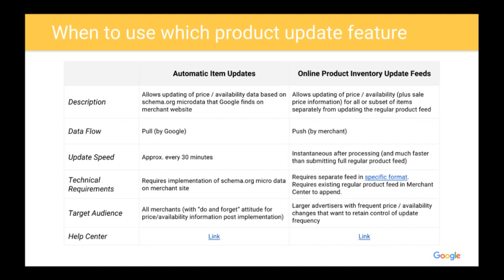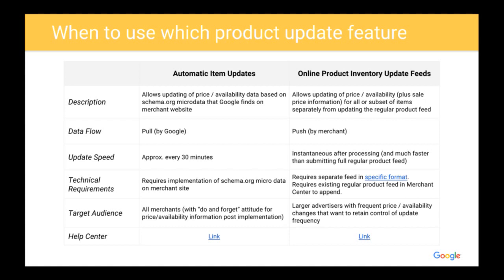Automatic item updates allow updating of price and availability data based on the schema.org microdata that Google finds on your website. It is a pulled data flow by Google, done approximately every 30 minutes, and it requires implementation of that schema.org microdata onto your site. This is available for all merchants who implement that on their site.